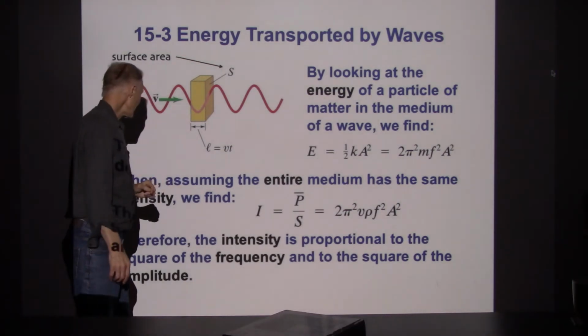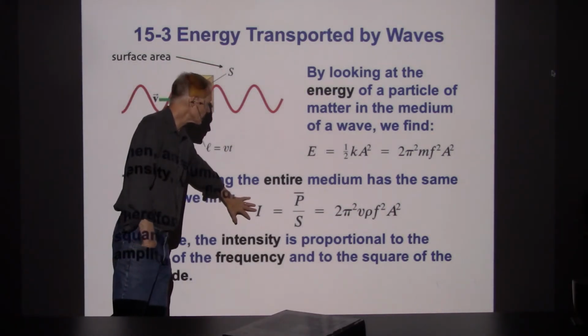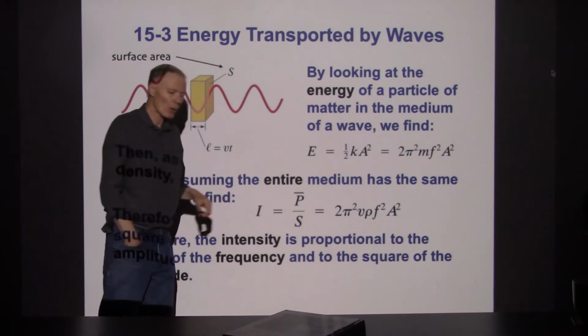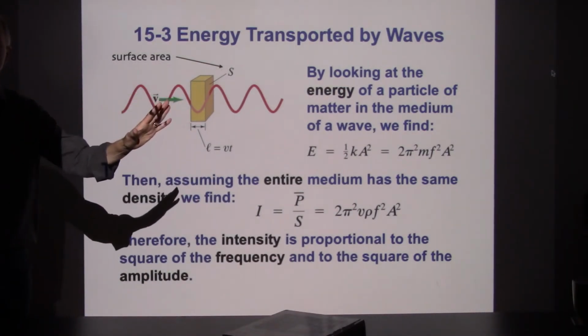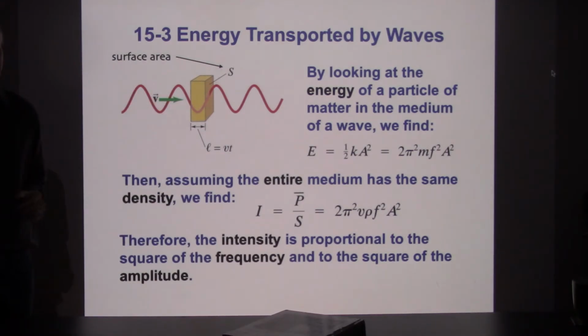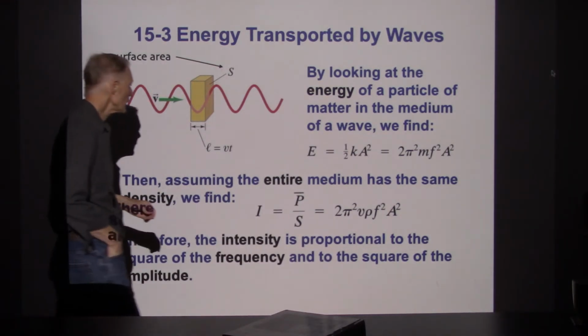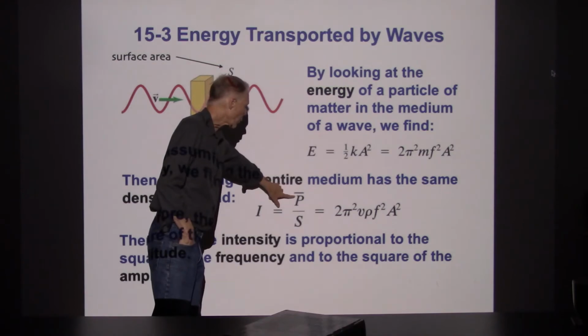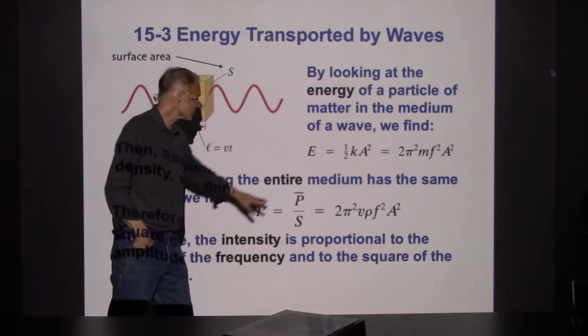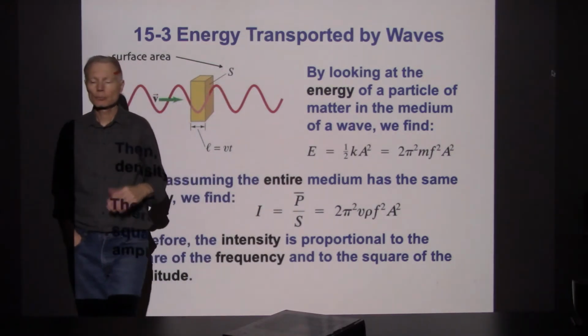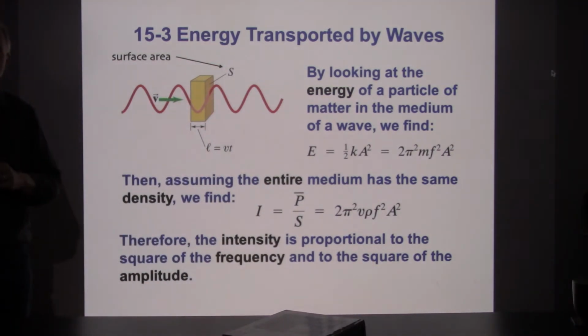In any case, we're going to introduce this quantity called intensity. So how intense is the propagation of energy? How intense is the wave propagation? And that is going to be power per area. Power is in watts, so we'll be able to calculate how many watts of power there are.